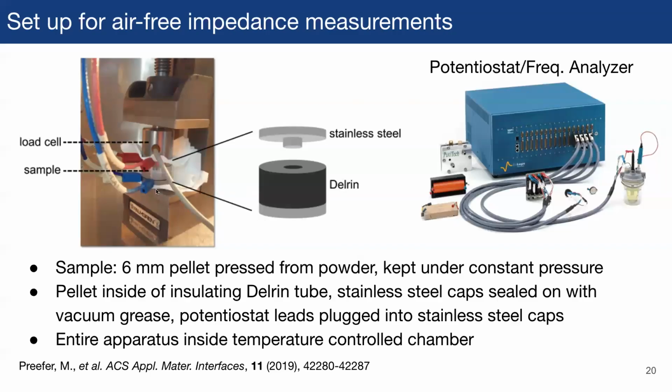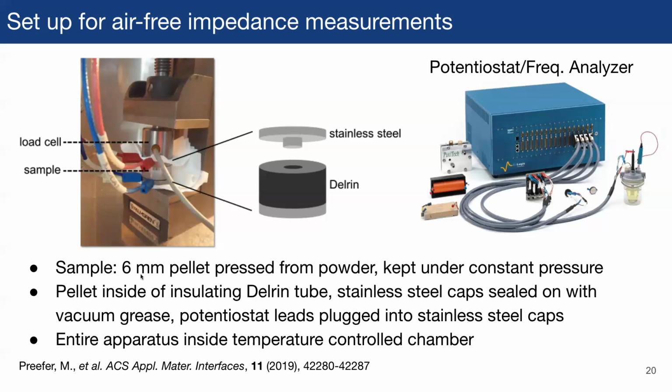So our impedance cell has inputs on top and on bottom with these two stainless steel electrodes that are connected to either a potentiostat or frequency analyzers. A lot of biologic potentiostats are also able to do electrochemical impedance spectroscopy. So that's great. In other instances, you need to use a frequency analyzer to be able to apply these alternating currents and record the measured current.